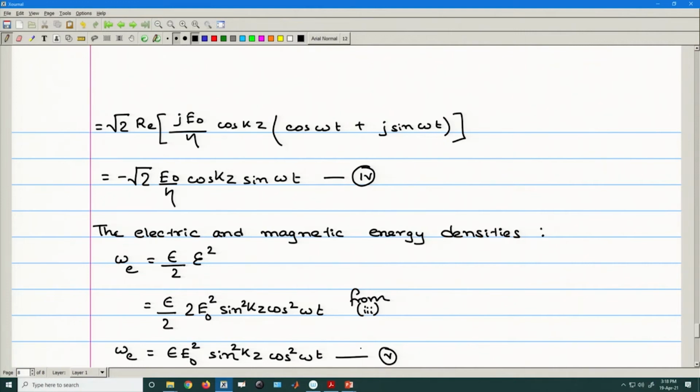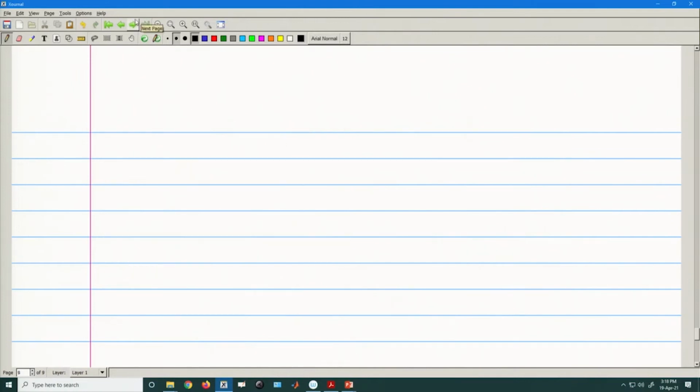In a similar manner, we will also calculate Wm. Wm is mu by 2 H square.